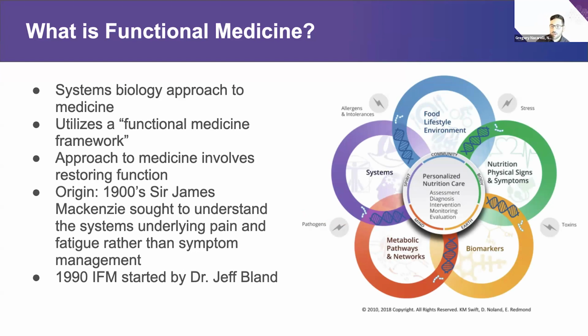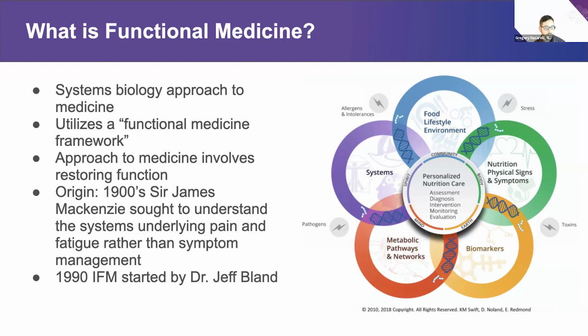As you can see on the right here, there are many different disciplines that underlie functional medicine, looking at dietary, lifestyle, environmental exposures, nutrition, signs of malnutrition, evaluating biomarkers, evaluating metabolic pathways and networks, looking at things through a systems biology lens.